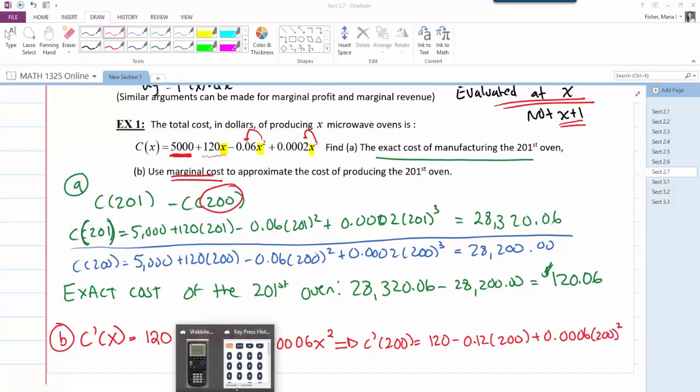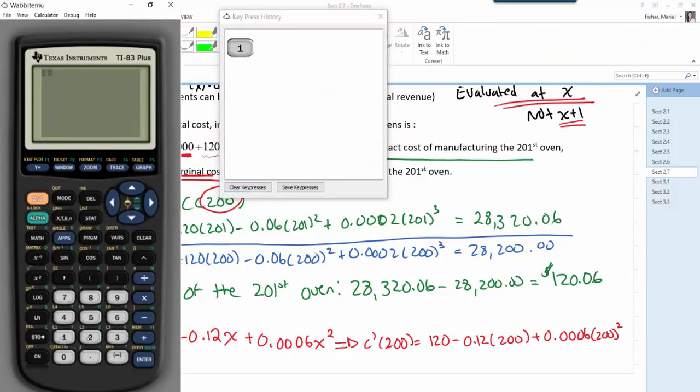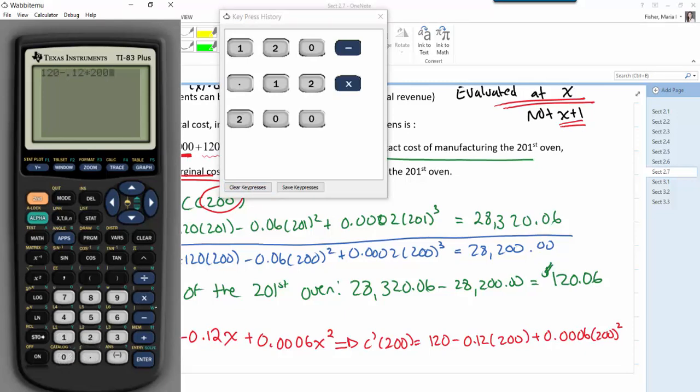Again, you just grab a calculator and figure that out. And you get 120.